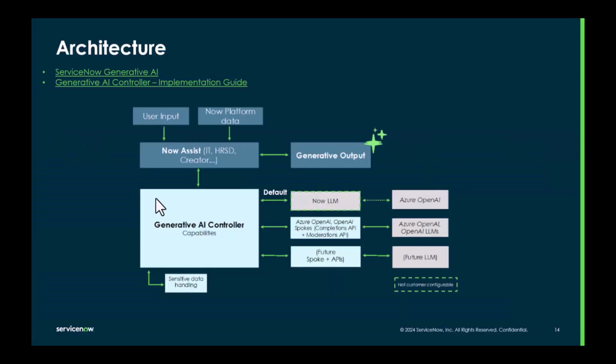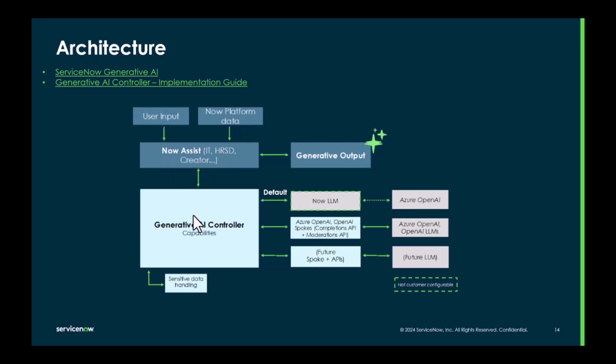Okay, so back to our diagram. I want to highlight here the generative AI controller. The generative AI controller is responsible for managing the traffic from the inputs, so the requests from the user, based on user information entered by the user or platform data, record data, and leveraged via Now Assist on our different products, right?